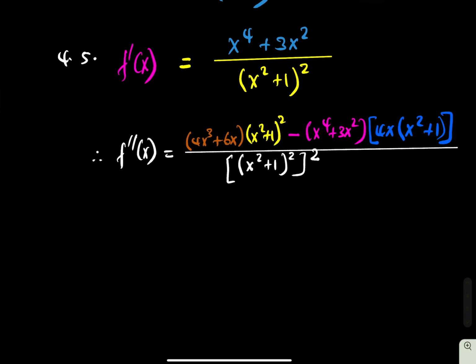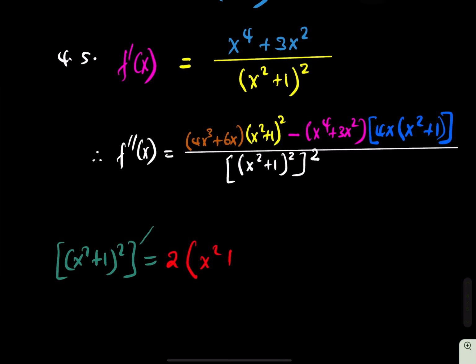For those who are a bit confused, to derive this one, I want to differentiate x squared plus 1 all squared. If you derive this, you bring down the power, which is going to be 2. You keep what is inside, that is x squared plus 1.